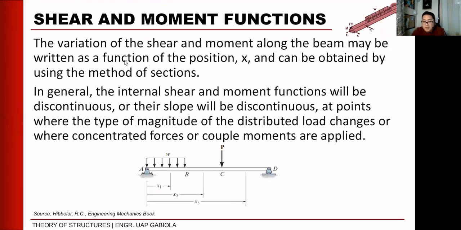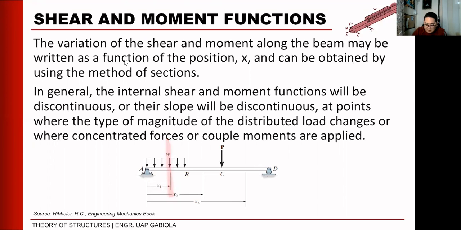Ang usually ang nagiging cut natin is between points, no? Kung saan naka-designate yung mga point natin. Kasi usually yun yung mga kung saan nakalagay yung mga loadings o yung extent ng loadings natin. Kaya makita na dito, yung first cut na ginawa is dun sa between A and B. So, ibig sabihin yung internal reaction natin na kukunin is dito sa gitna niya.